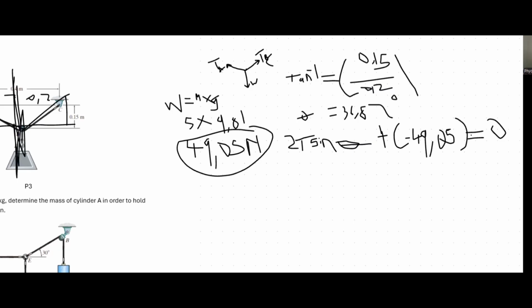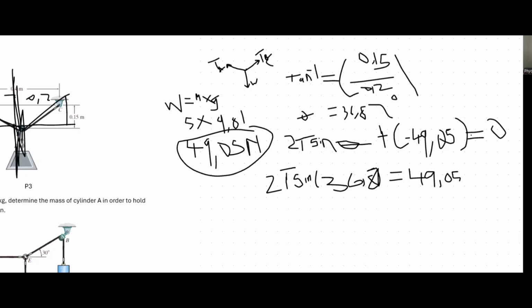So we take our weight to the other side and it becomes positive, and we say 2T sine 36.87.